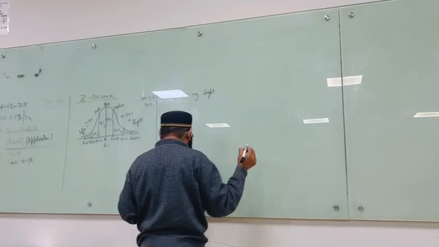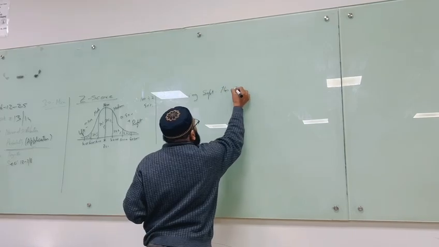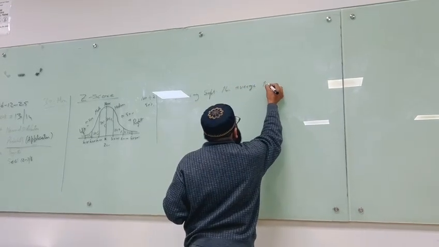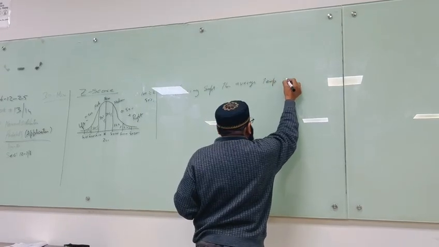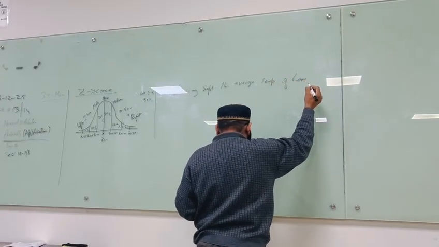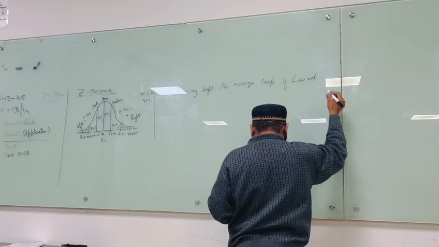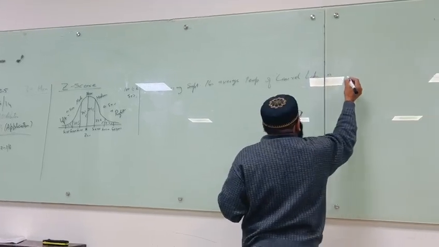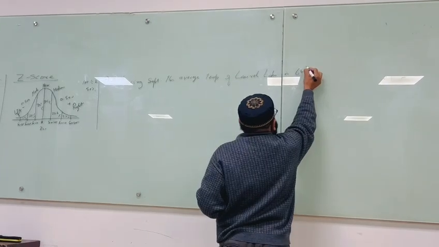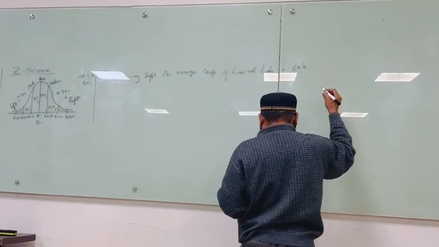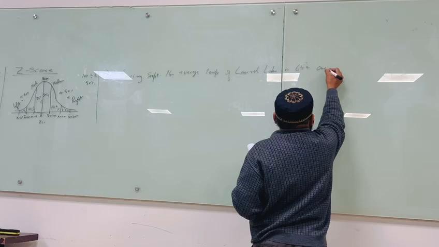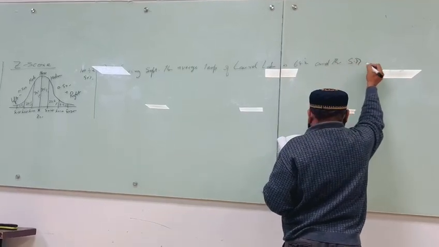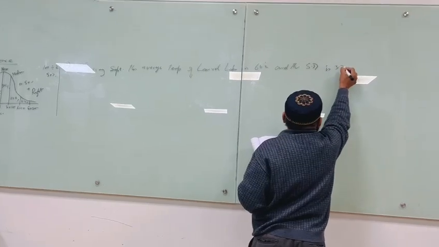During September, the average temperature of Lake is 64.2 degrees, and the standard deviation, SD, is 3.2 degrees.